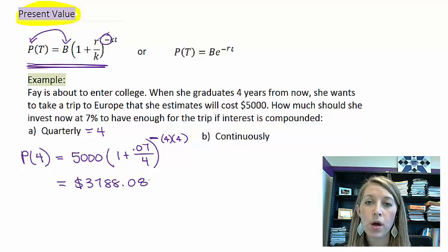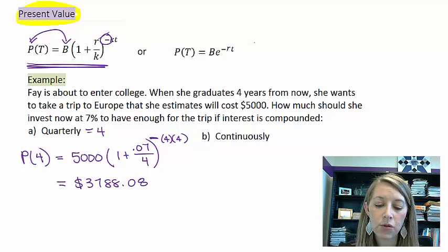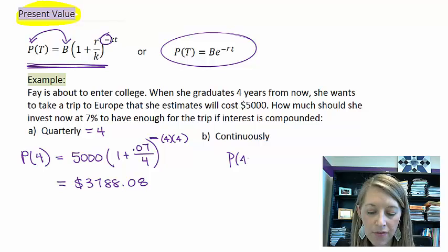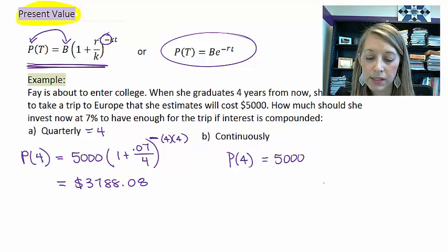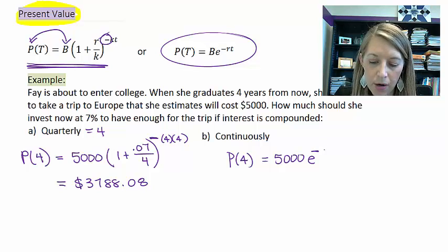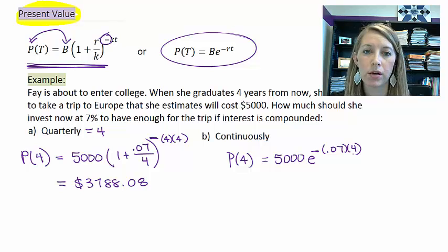The second question is, what if it's compounded continuously rather than quarterly? Well, continuously means we're going to use this formula. So at the beginning of her 4-year period, she wants to still end up with $5,000, and then e to the negative, my rate was 0.07, and my time is 4 years.